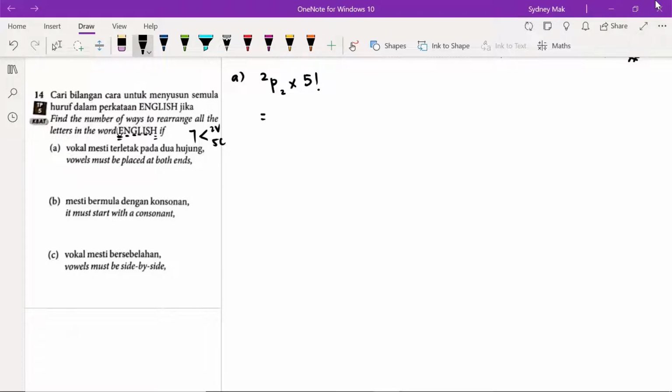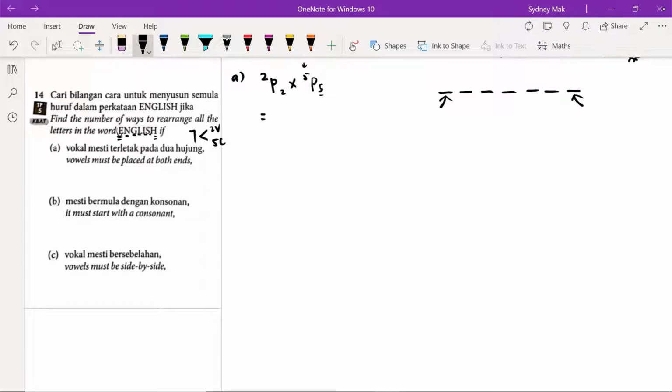This is by using the permutation notation: 5P5. We're remaining with 5 places to fill in, so 5, 4, 3, 2, 1. This one, I would rather use the fill in the blank method because we have 7 empty spaces to rearrange. So 1, 2, 3, 4, 5, 6, 7. The question says vowels must be placed at both ends, so we have to look at the two end empty slots first. These two ends are specifically for the vowels.